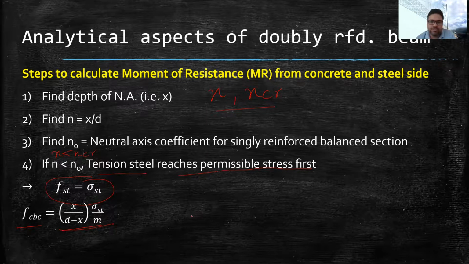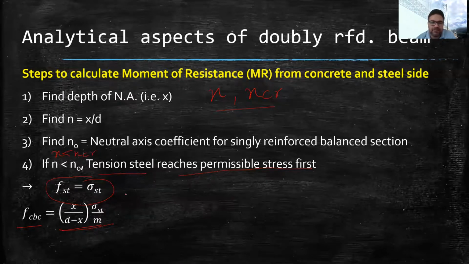So what we do is, whenever we have an under reinforced section or over reinforced section, we always try to find out the stresses in terms of concrete. Like in this case, x is less than XCR. In that case, the section will be under reinforced, and in an under reinforced section, the FST value, which is the actual stress in the steel, will be equal to the permissible stress in the steel at this point.